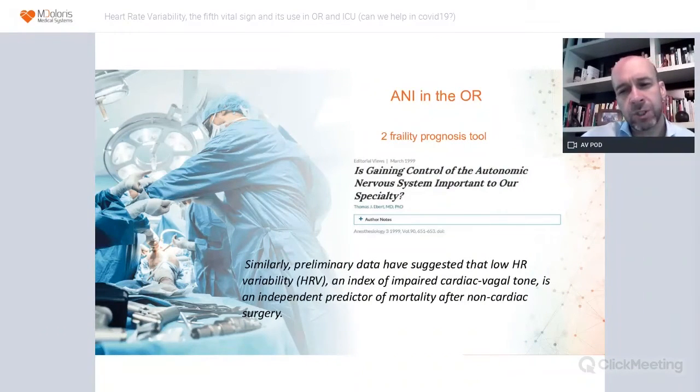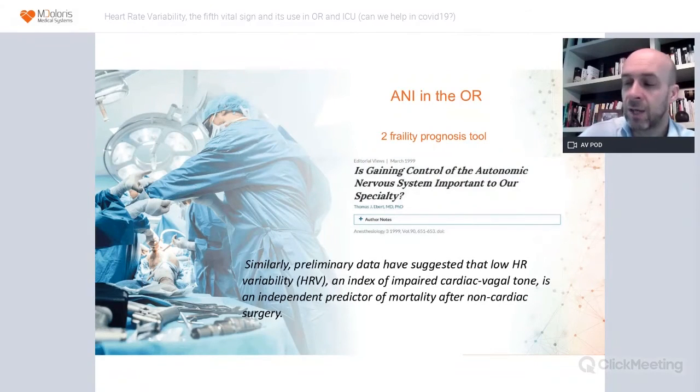So the energy value can be used to assess patients preoperatively, in order to detect their frailty. These studies have to be done, but it's something we can propose to our doctors in the anesthesia office before going to surgery, preferably early in the morning, 8 or 9 a.m., to assess at the same time the amount of energy my patient has and the ANI.